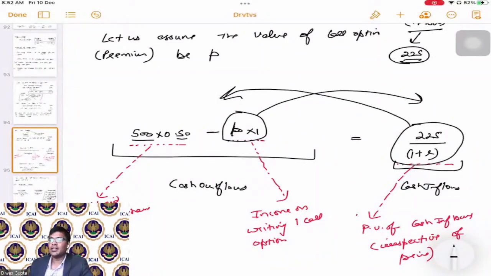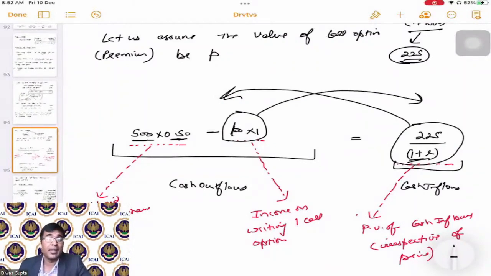Don't you feel the formula that we have written is the same? Spot price multiplied by the hedge ratio minus present value of strike price, which is 225 by 1 plus R, is equal to P. This 225 I'm saying is a result of the strike price, correct?